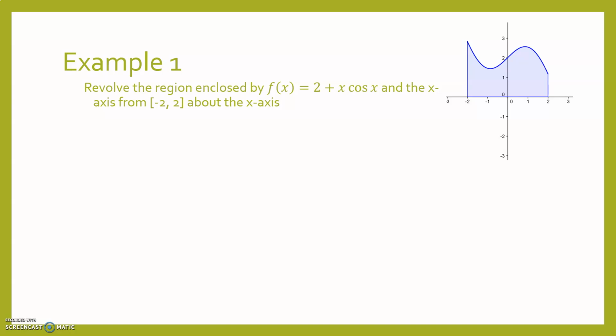So here's a region. It's enclosed by f of x equals 2 plus x cosine x and the x-axis from -2 to 2. And we're going to revolve this region around the x-axis. So we're going to take that region and spin it around this x-axis.